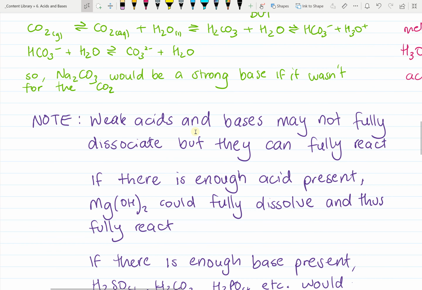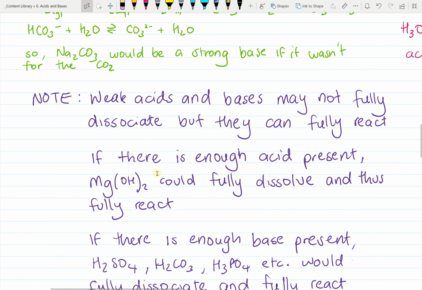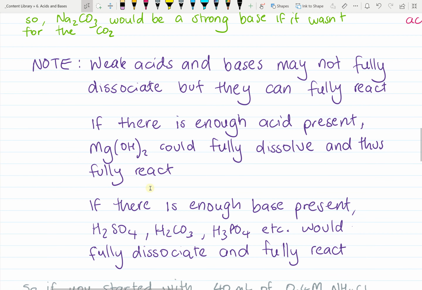Note, I've talked about ionization. I've basically exclusively talked about acids and bases just putting one chemical in water. However, if we're talking about them reacting, weak acids and bases can fully react. So if I put any weak acid or any weak base, and I had enough strong acid or strong base present in the solution, then that strong base or strong acid would make the weak one fully react.